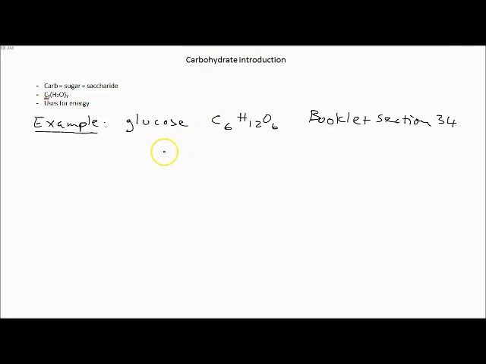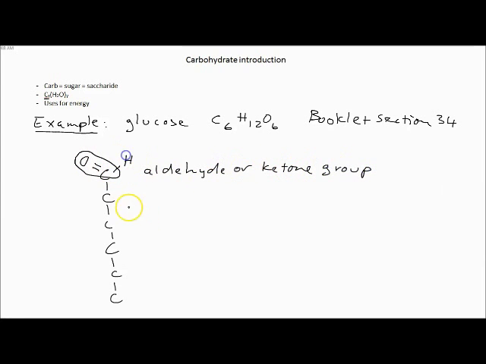You have C6, that means there are 6 carbons connected to each other. A sugar will have an aldehyde or ketose group. And unlike fat, sugar has 2 or more of the OH group, which makes it soluble in water.